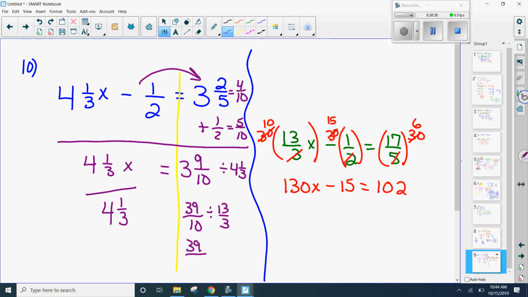Keep, change, flip. 13 goes into 39 how many times? 3, which gives you 9/10. Don't let that equal sign throw you off there.